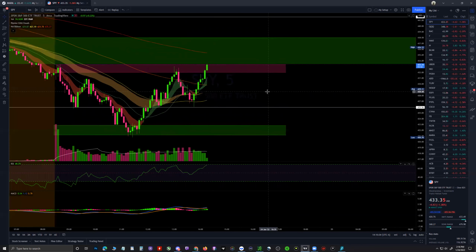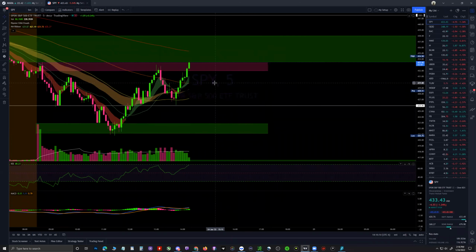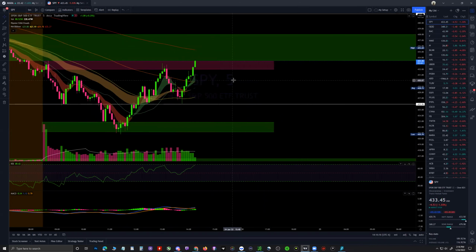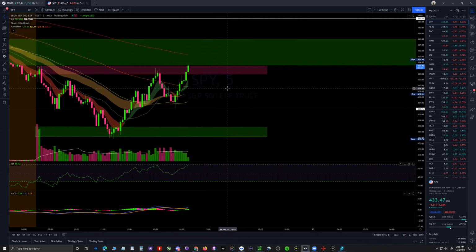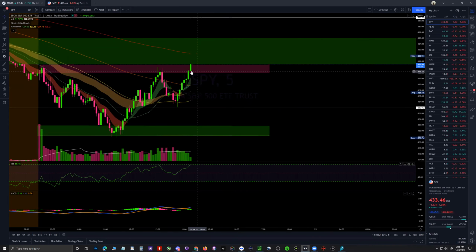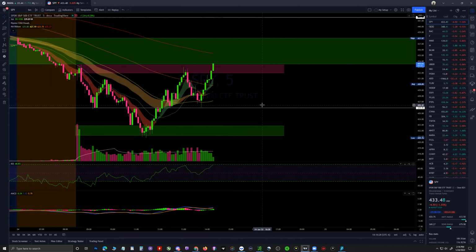We could see SPY green for the day. If it pushes out of this supply zone, I'm going to feel bullish on SPY for the day and possibly see green tomorrow, I think. This could mean a reversal instead of just a dead cat bounce.